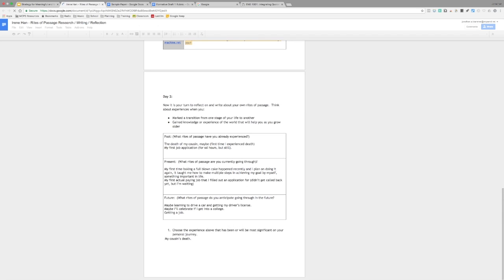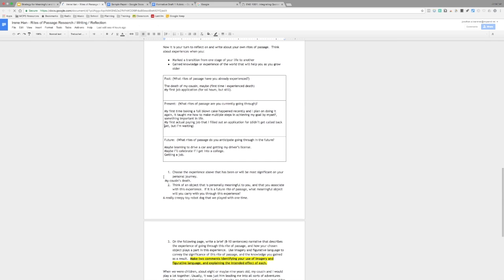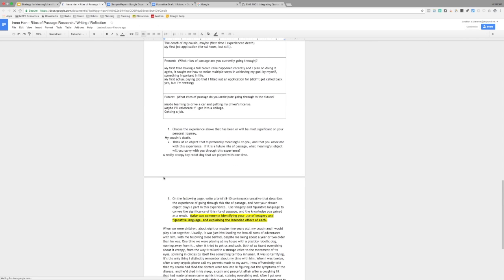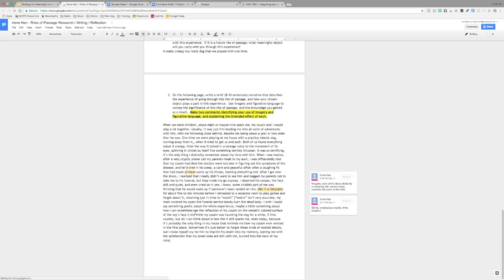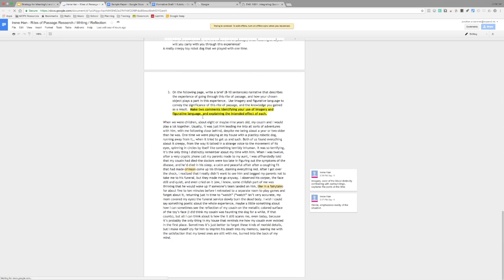I wanted to see how comfortable they were with using imagery and figurative language in their writing. So they were to write a paragraph describing this experience of coming of age, and I asked them to use one example of imagery and one of figurative language, and make a comment explaining the intended effect of each one.